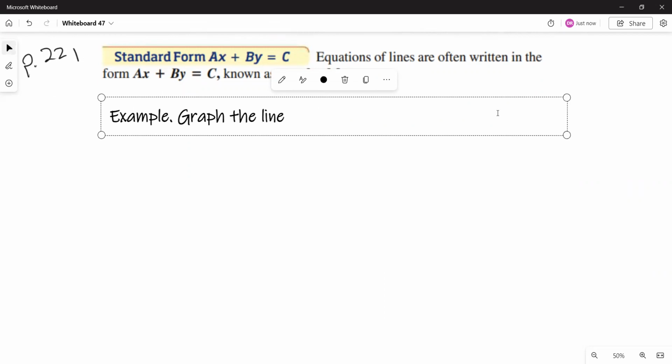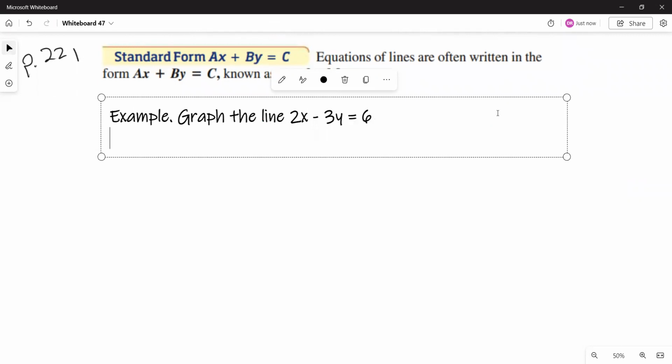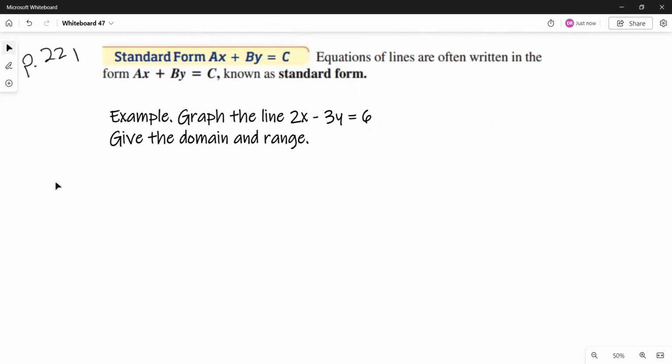let's graph the line 2x minus 3y equals 6. And we're going to give the domain and range. We're going to include 3 points. There's no need to write this as a function, f of x equal to something.